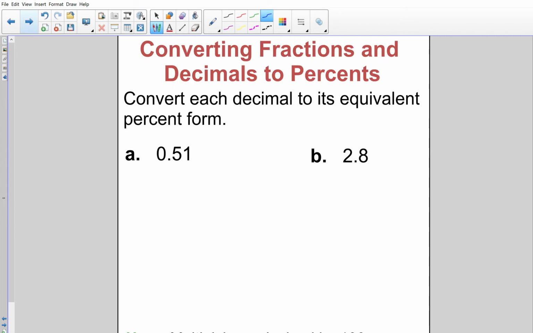So here we're going to go from decimals to percents. So from decimals to percents, we're going to do the opposite, which is to multiply by 100, or we're going to move the decimal to the right.